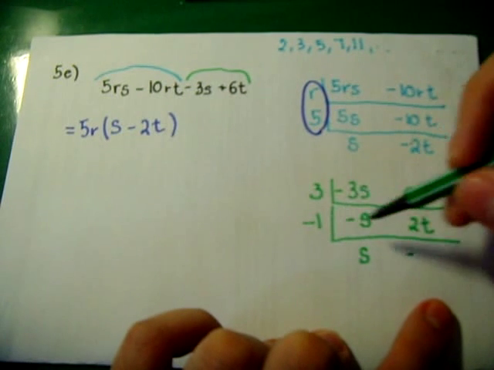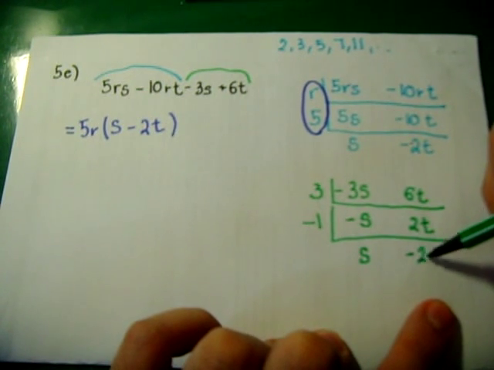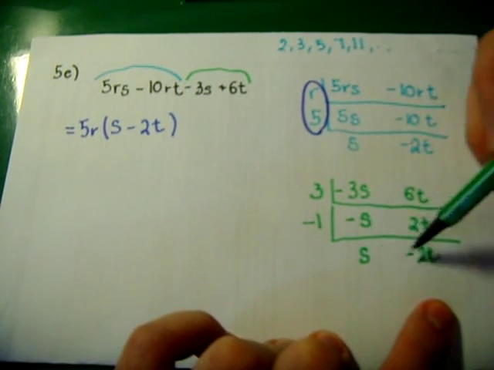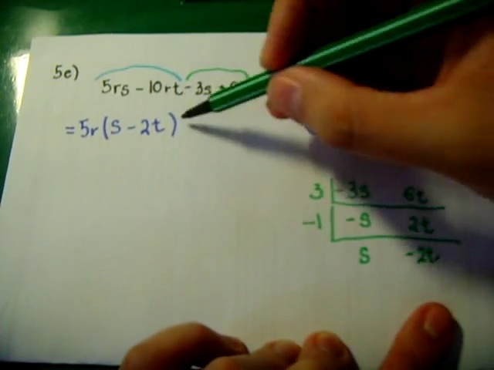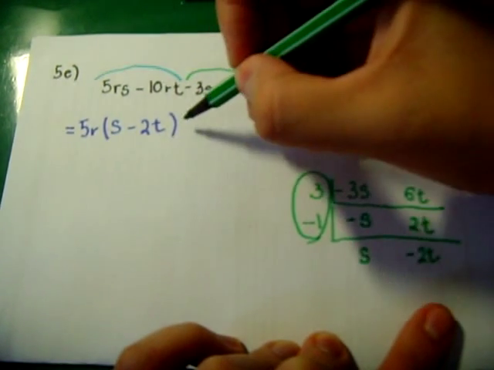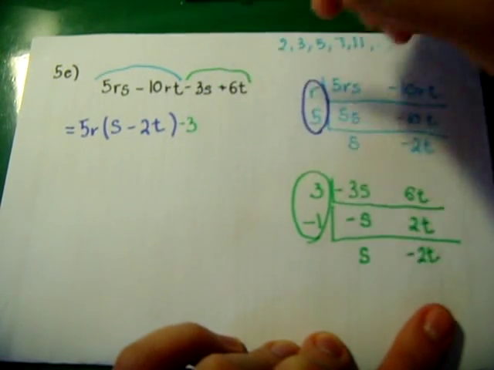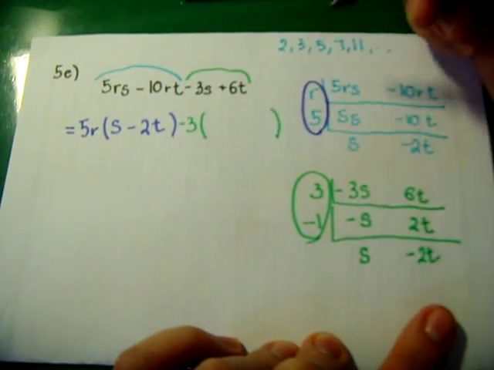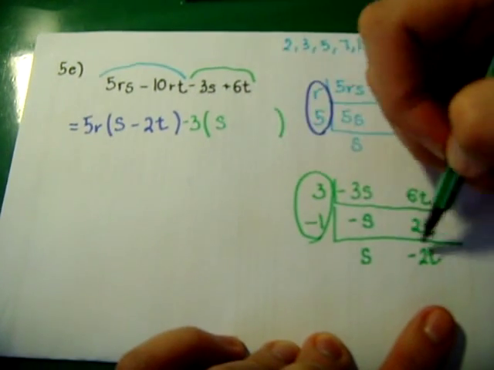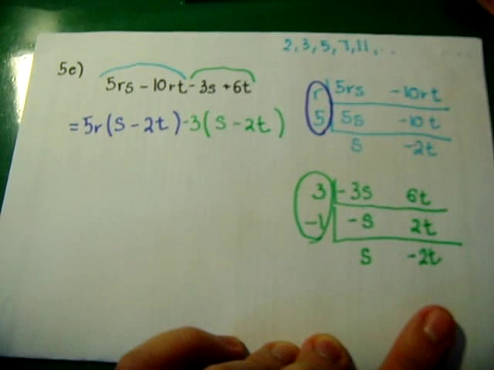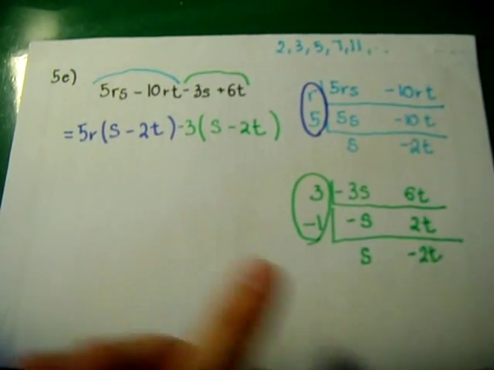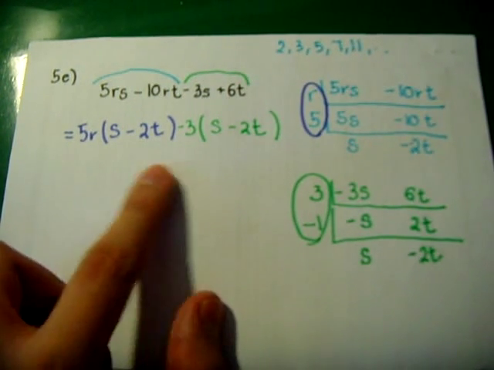So you see here s minus 2t, s minus 2t. It's the same. So what do you write here? -1 times 3, you get -3, and a big bracket. Inside the bracket you write s minus 2t.